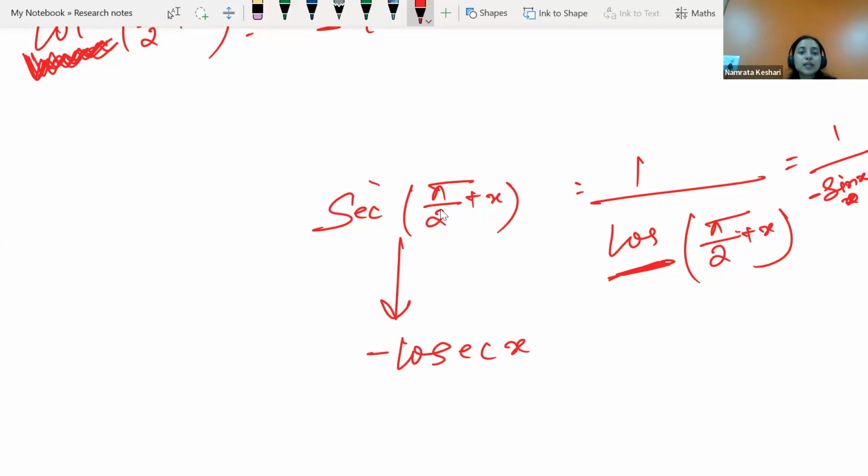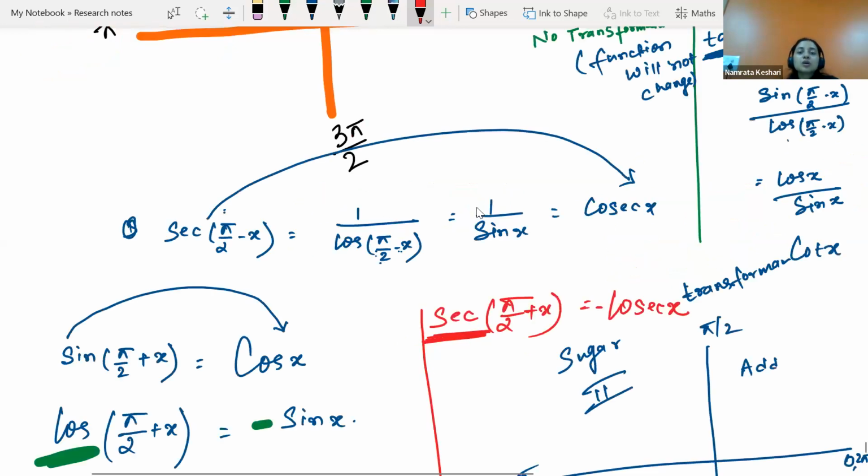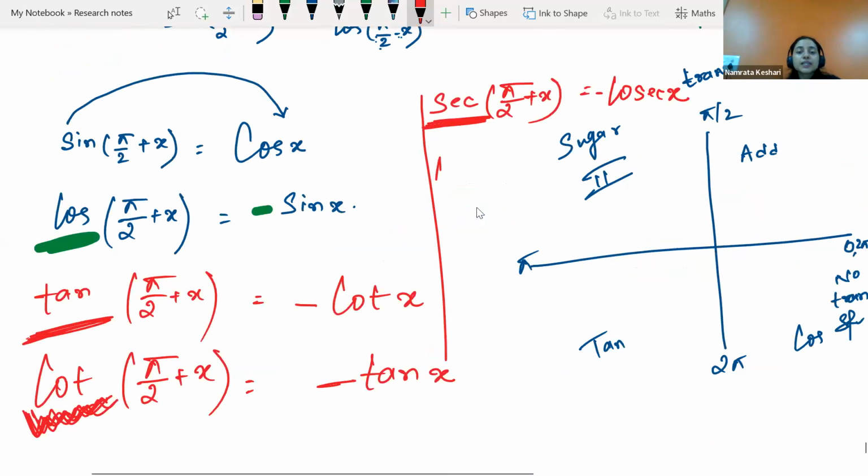We will always look at this function, whether it is positive or negative in a particular quadrant. Now cosec of pi by 2 plus x will be sec x. Will it be positive or negative?